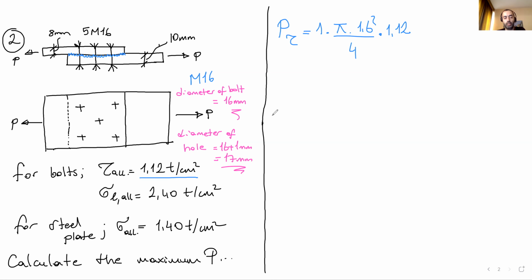So to actually calculate the maximum P load, the maximum capacity of this connection, we need to consider the number of bolts. Let's take a look at the plan view of the connection. How many bolts do we have?